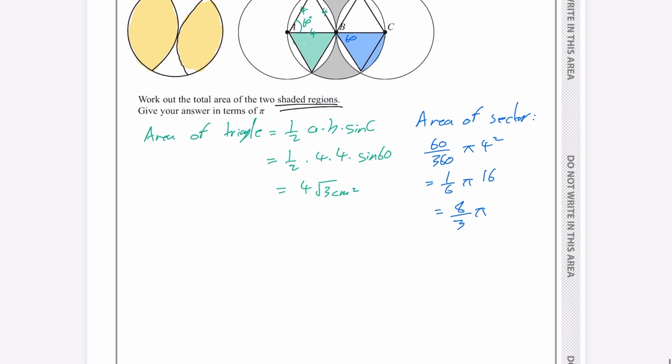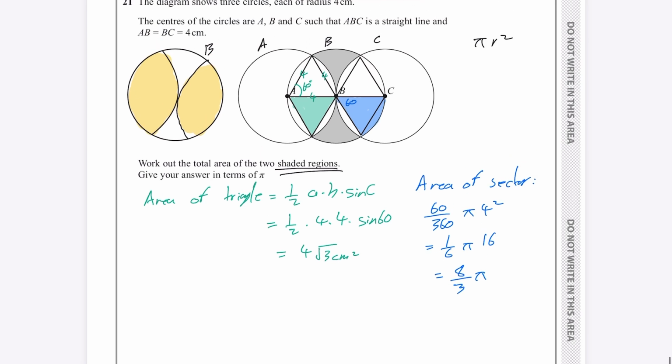So if I now use a different color, we'll call this a segment, and I'll color this in here as well. So a segment is like this, just this pocket here, and there's 8 of these.